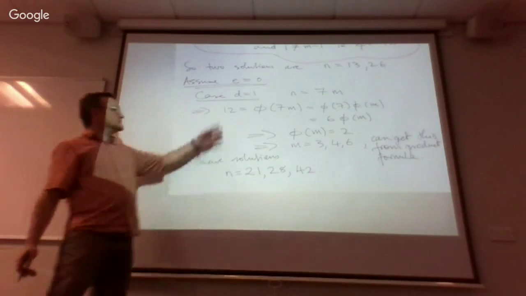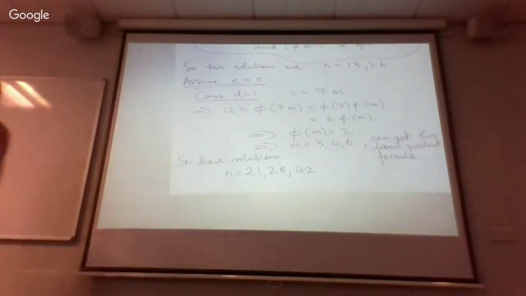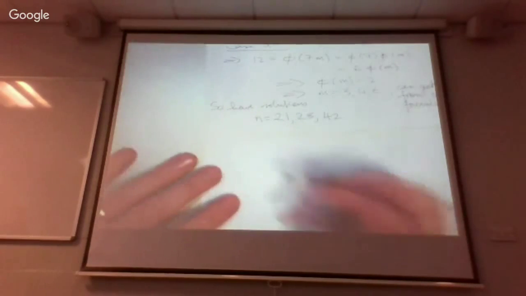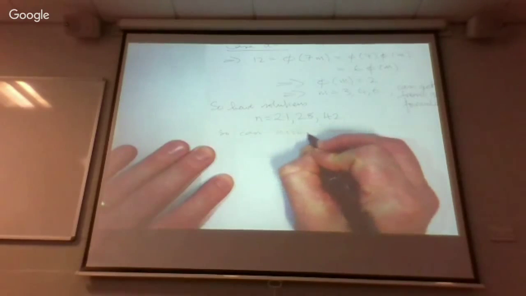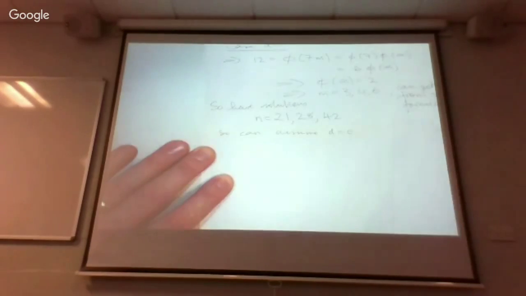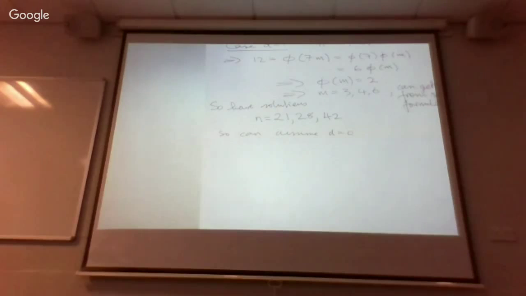These are all the solutions in the case d equals 1, so now we can assume d equals 0. So from now on we can assume d equals 0. And to reduce the possibilities by a half, there was 46, and now there's only 23 maximum further solutions to find, probably a lot less.